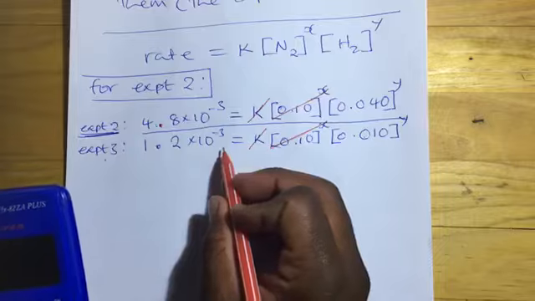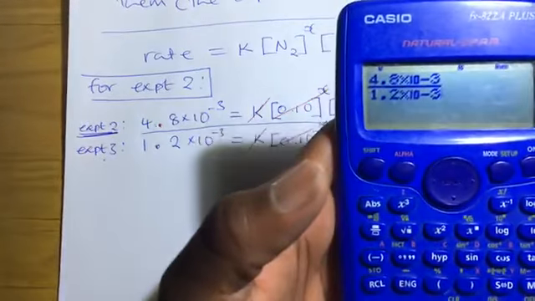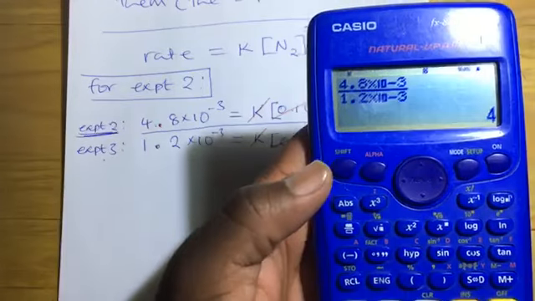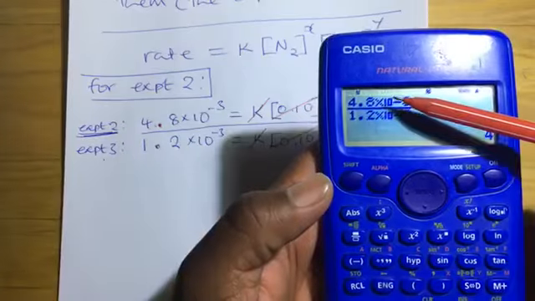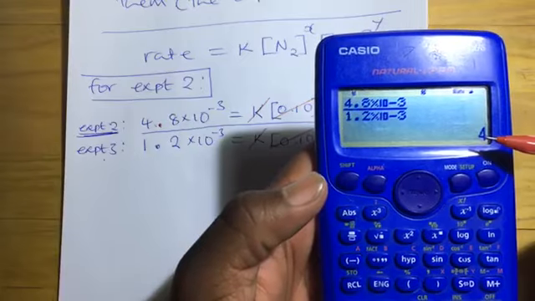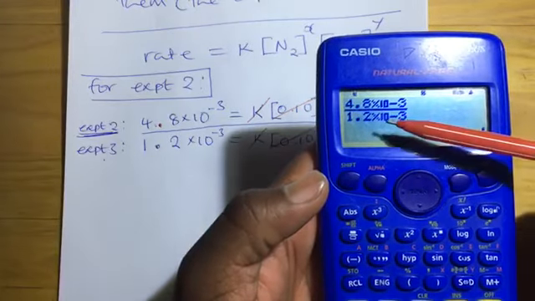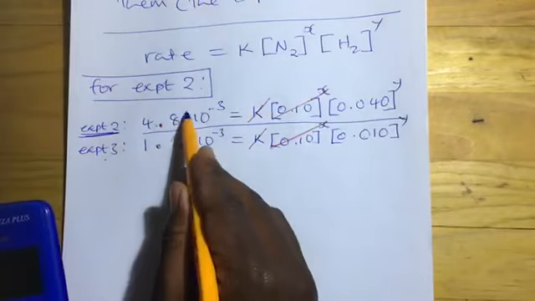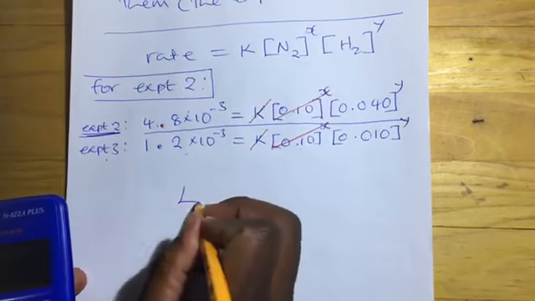Okay, you see I've put it in my calculator. Divide this, we get a 4. That's why you want your numerator to be larger so that you get a whole number. If your numerator was smaller, you're going to get a fraction. So this divided by this will give us a 4.